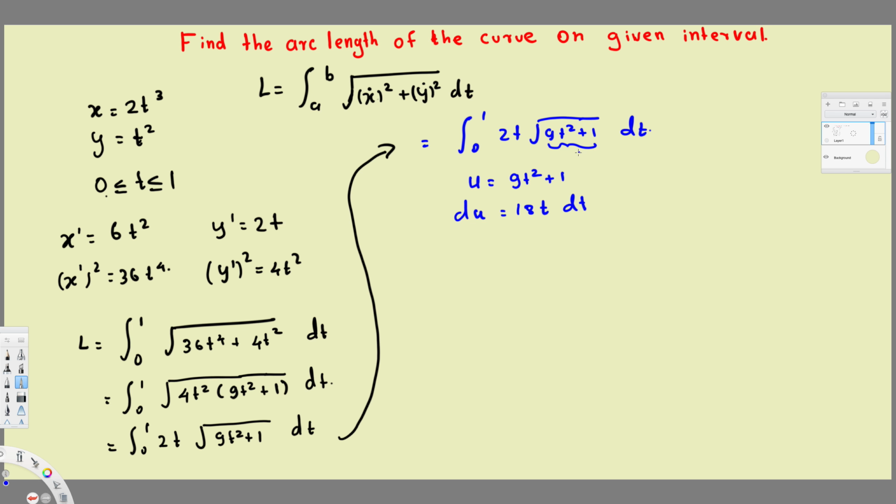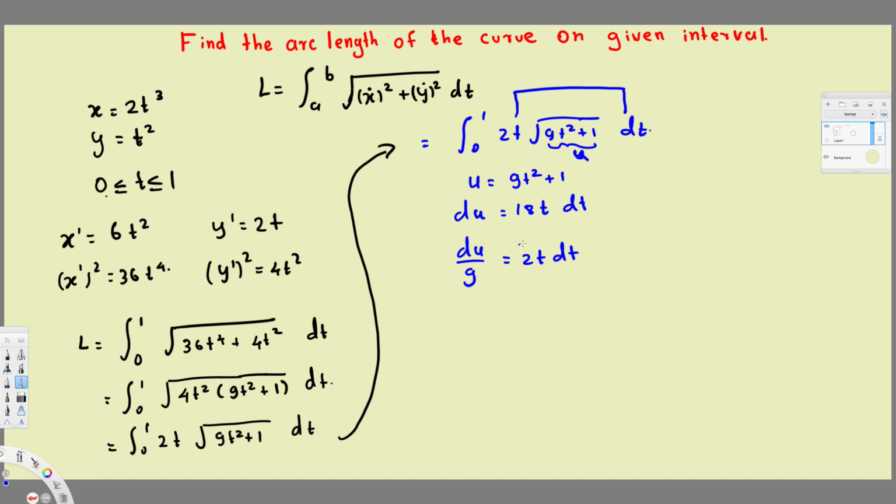Here we can replace with u, but we have to do something for this one. Here we have 18t, but we have to bring this into 2t. We can divide both sides by 9. So du by 9 is equal to 2t dt.